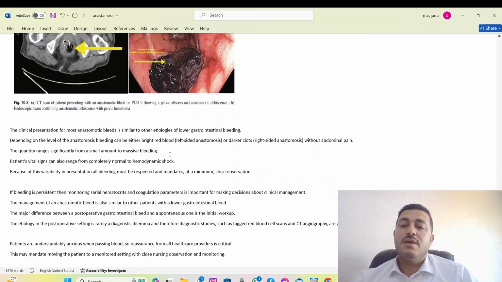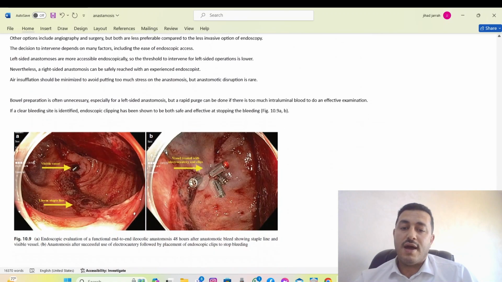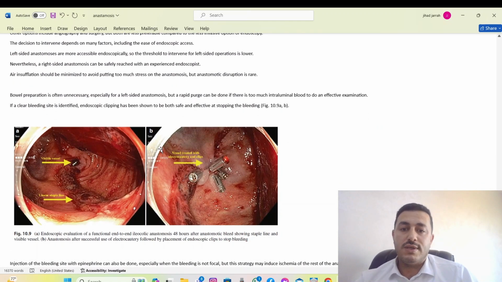While we are using the endoscope, the preferred method to stop the bleeding is by clipping. Yes, adrenaline injection and cauterization can be used, but clipping is safer.